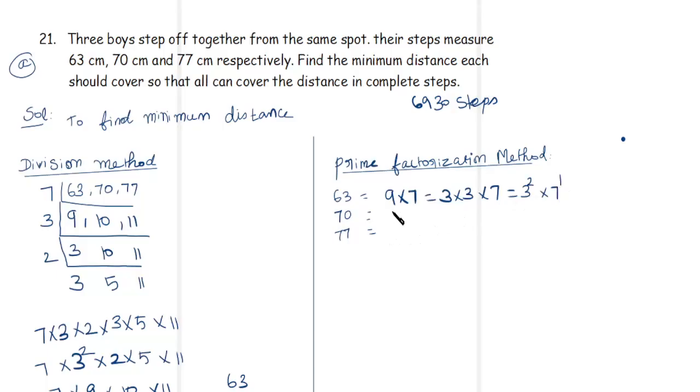Now 70 is 7 into 10, so 7 into 2 into 5, and 77 is 7 into 11. So these three numbers are simplified with the help of the prime factorization method.